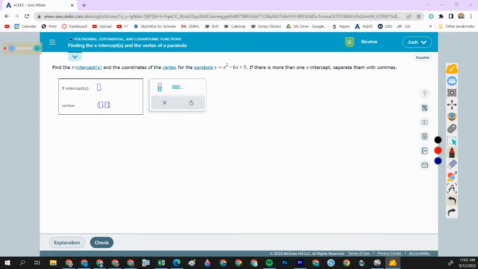So here we have a quadratic. Find the x-intercepts and find the vertex. So for the x-intercepts, we just factor two numbers that multiply to be 5 and add to be -6. -1 and -5. So the x-intercepts are 1 and 5.